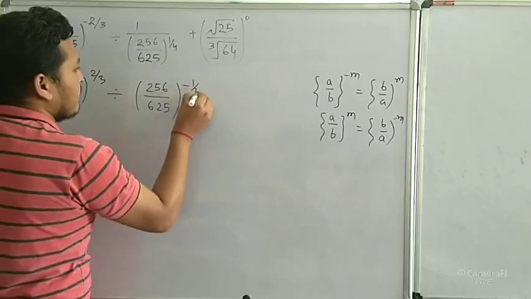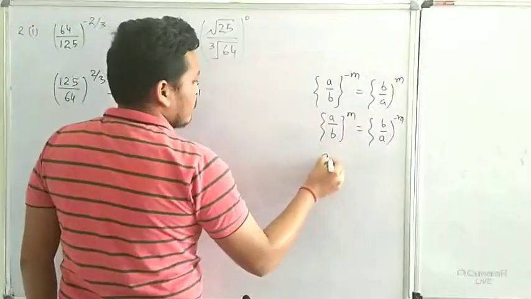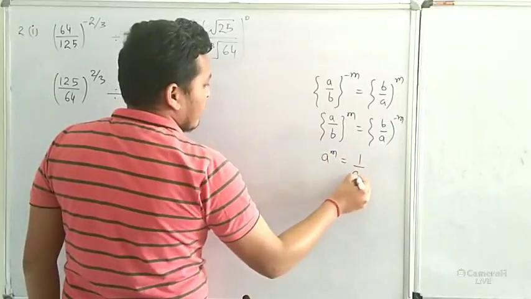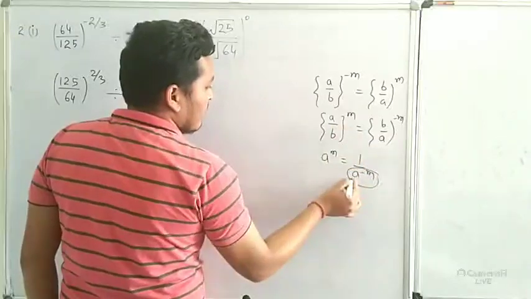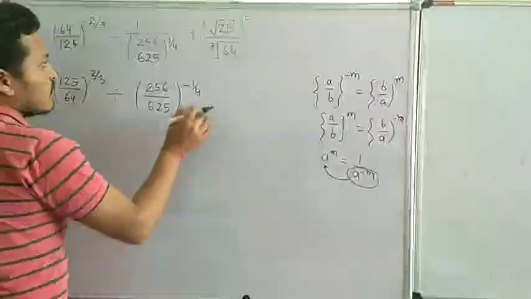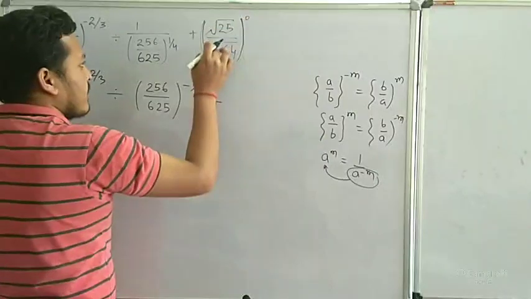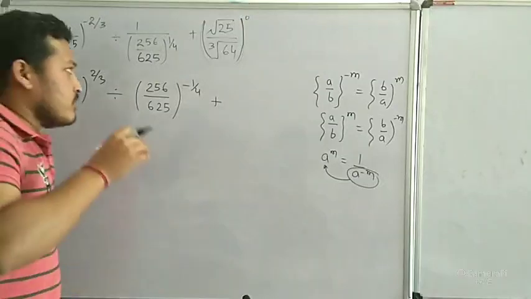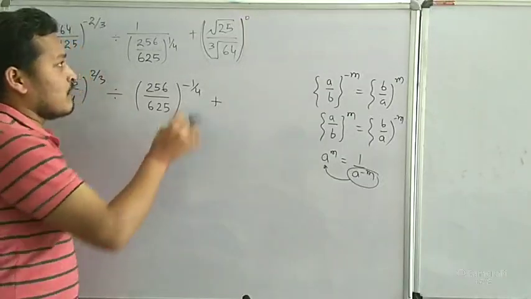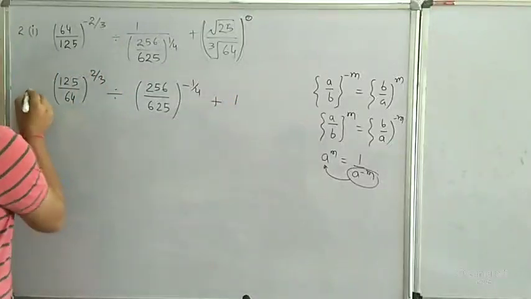Then this part becomes minus 1 by 4, using the formula a to the power m equals a to the power minus m. Plus this is the part, under root 125 under cube root of 64. There is no need to solve the 0 power, because if any number has power 0, its value is always 1.